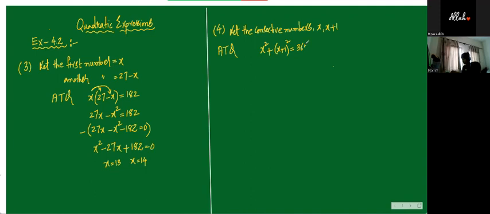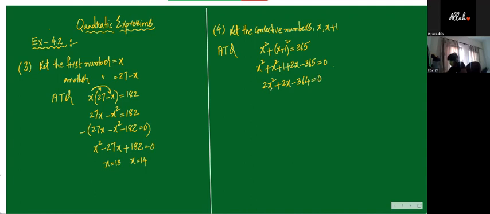Now we have to simplify and get a quadratic expression. x square as it is, and for x plus 1 whole square we apply a plus b whole square, which is a square plus 2ab plus b square, giving x square plus 2x plus 1. Taking 365 to this side, x square plus x square becomes 2x square plus 2x, and 365 minus 1 gives minus 364 is equal to 0.